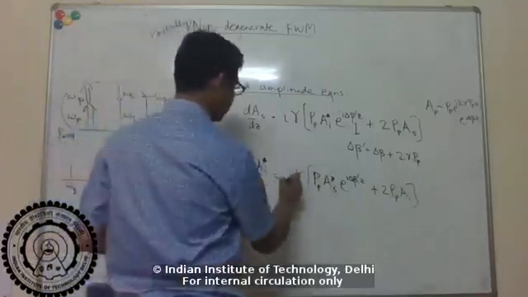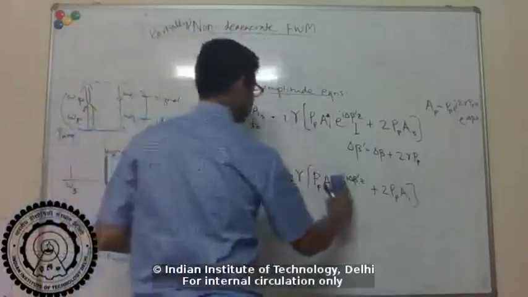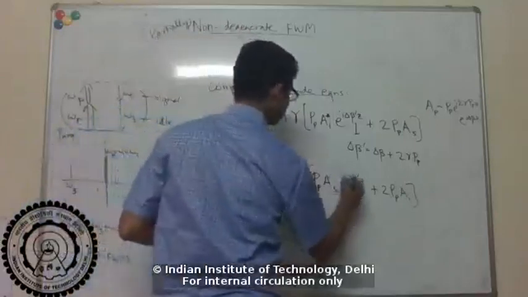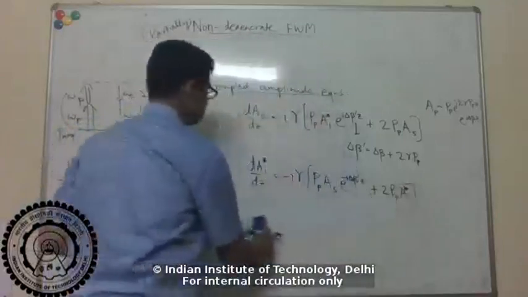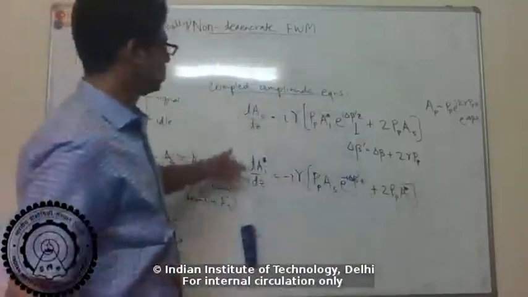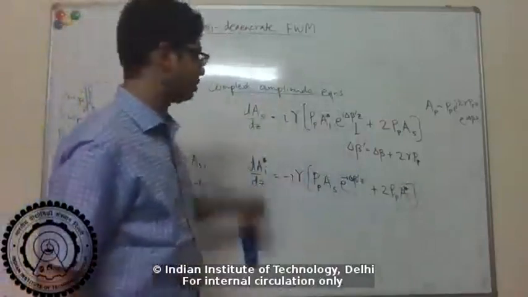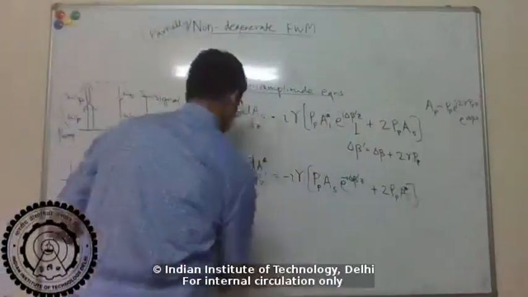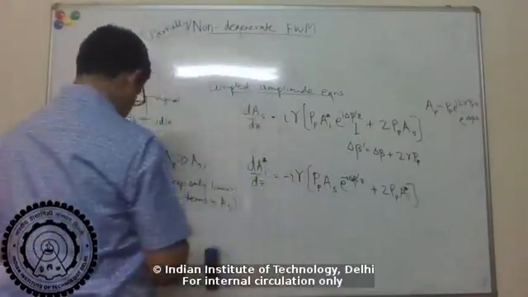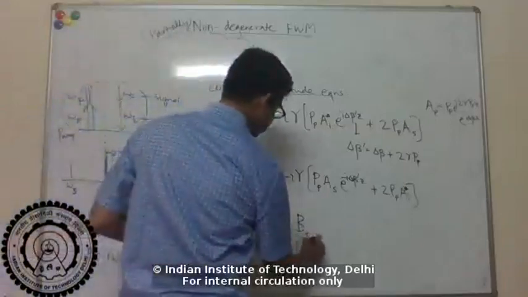So take the conjugate. So now we have basically two equations in AS and AI conjugate. So we do this change of variables.